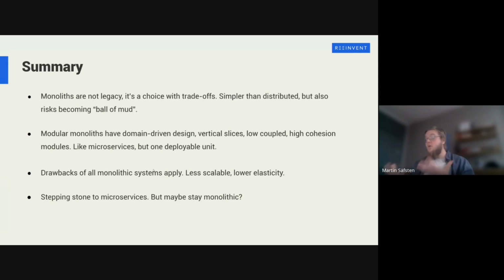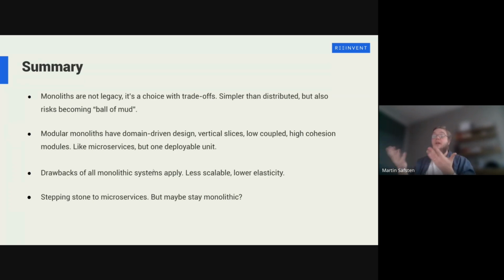And the lower the coupling you can have, as I just mentioned, with asynchronous messages, the better for keeping coupling low. And high cohesion in modules, just making sure that the domain boundaries are correct and they make sense.